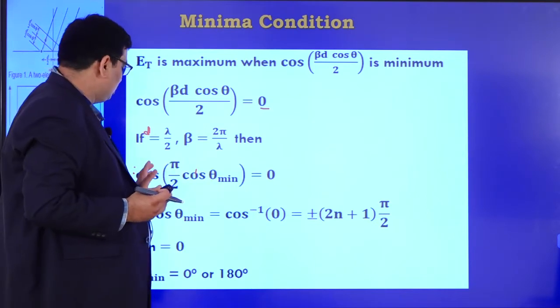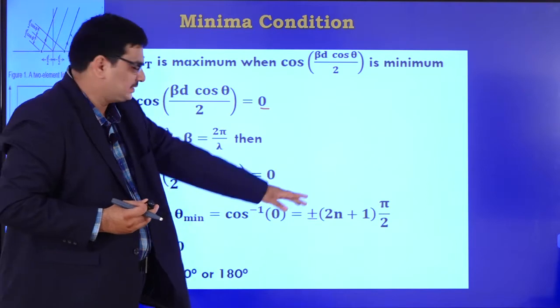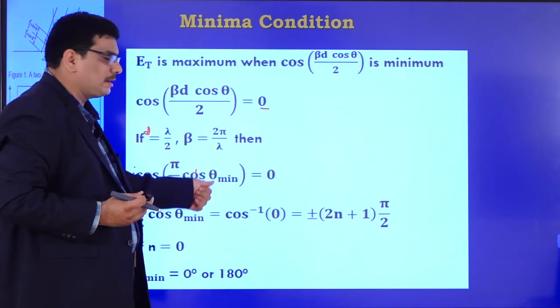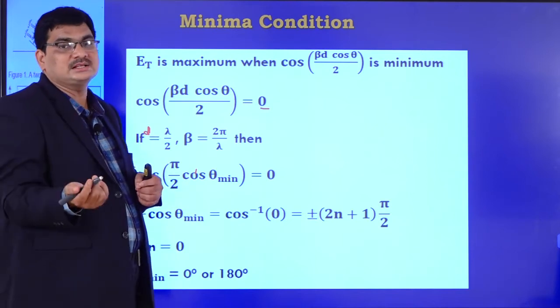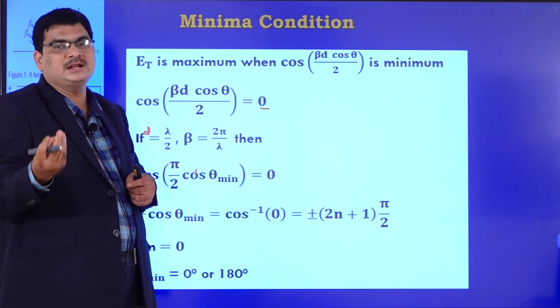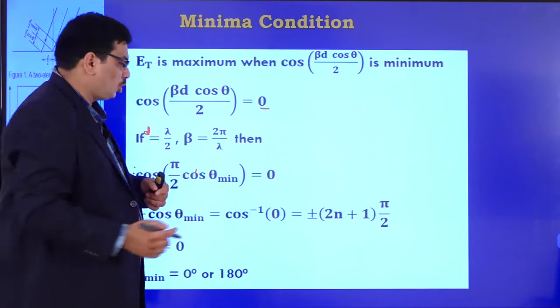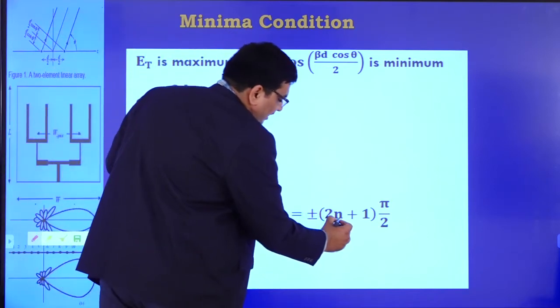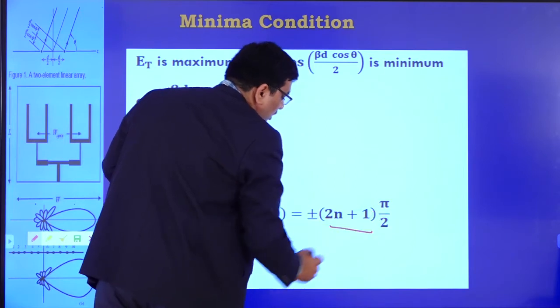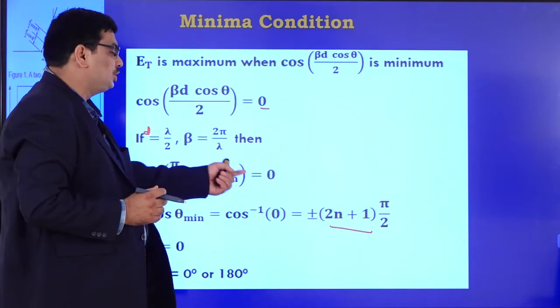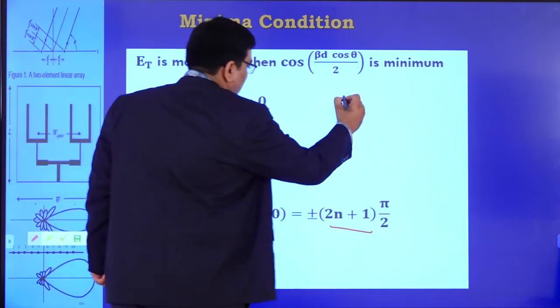So, from this you take the cos term to the right side, then we get pi by 2 cos theta minimum is equal to cos inverse of 0. When we are getting the cos inverse of 0, it is at odd multiples of pi by 2. So, that is equal to plus or minus (2n plus 1) into pi by 2. If you substitute n equal to 0, then this equation becomes pi by 2.